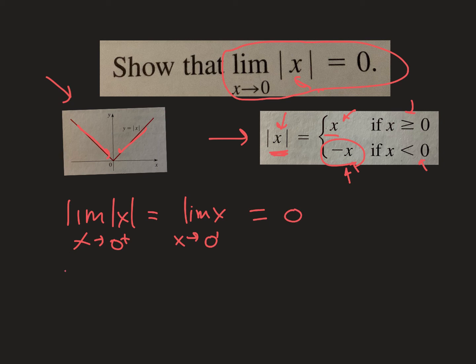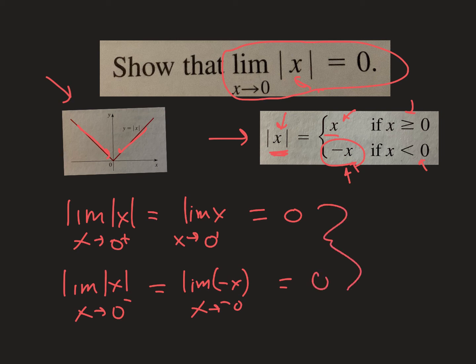Now, if I go the other way, the absolute value of x as x approaches 0 from the negative side, I'll get the limit of negative x, because that's what it is from the negative side. Again, use direct substitution, plug 0 in there, you get 0. Because both those limits are 0, the limit of the whole function is 0, because the left side and the right side were the same.